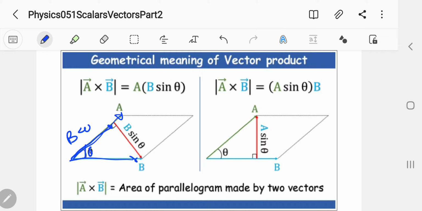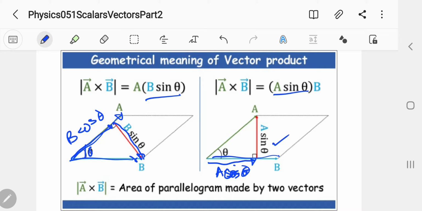This is B cosine theta, and of course this is B sine theta. The component of A along B is, oh sorry, this is A cosine theta. This one is A sine theta.